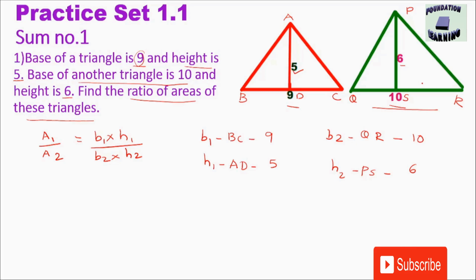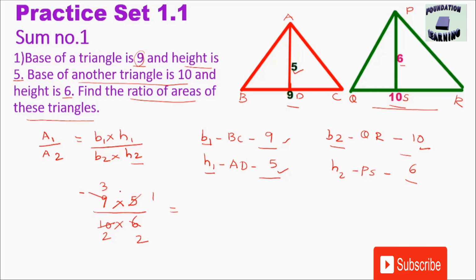So we're using the formula B1 into H1 upon B2 into H2. B1 is 9, H1 is 5, upon B2 is 10 into H2 is 6. 5 ones are 5, 5 twos are 10, 3 twos are 6 and 3 threes are 9.